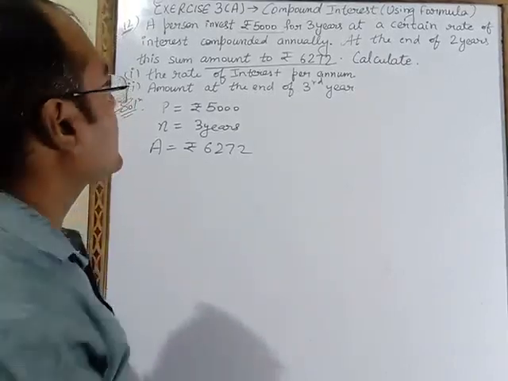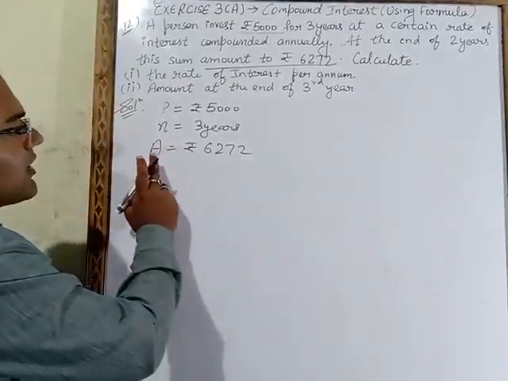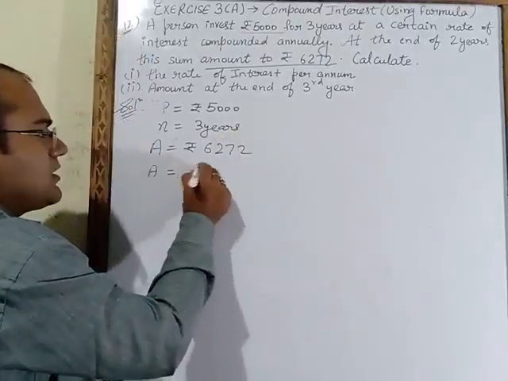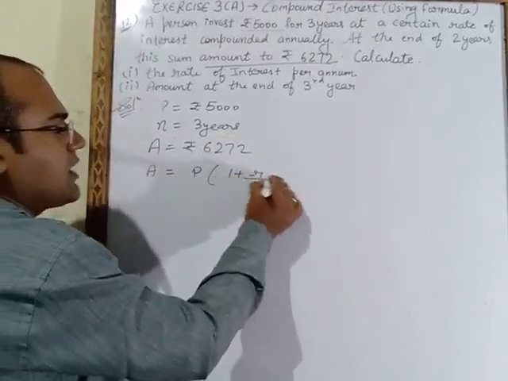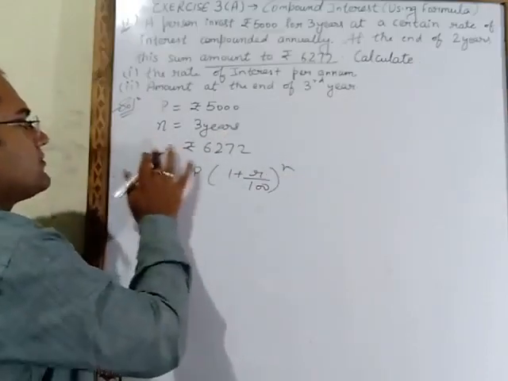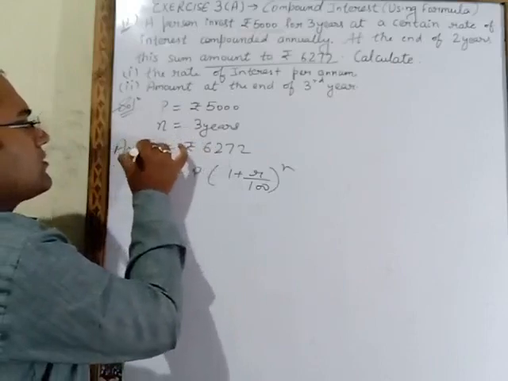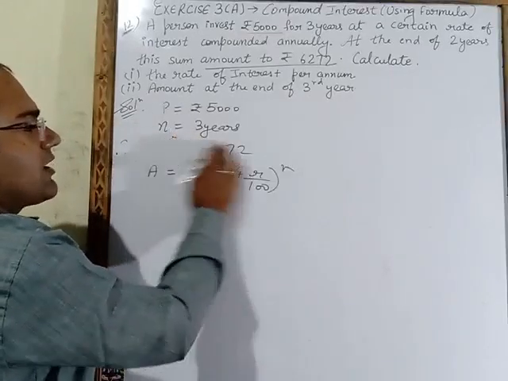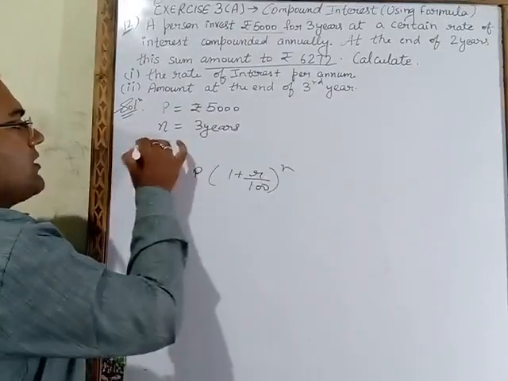So here we will use the formula for amount. Amount formula is P bracket 1 plus R upon 100 power n. This is the amount at the end. Full statement you have to write. What you have to write here?